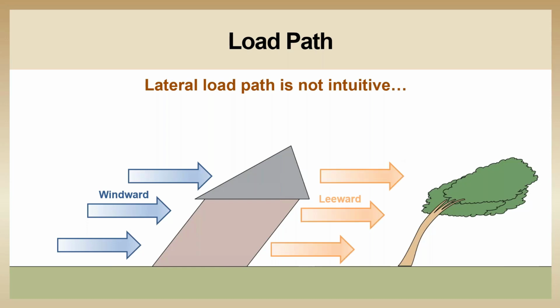A horizontal suction force occurs on the leeward side of the house, which is the opposite side of the windward side, and a vertical suction force or uplift load occurs on the roof of the house. These additional forces are approximately equal to, or in some cases, greater than the original wind load on the windward side of the house. All of these loads, including the uplift load, must be accounted for by the load path.